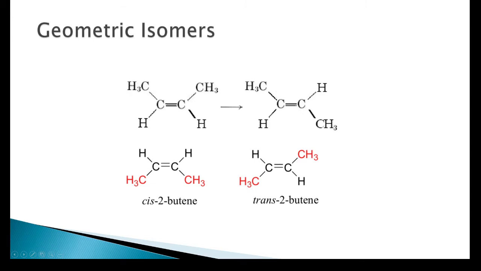Now, what I tell students all the time is this stuff out front is the cherry on the sundae. What I mean by that is the important part to start is, can you name this 2-butene? Do that first. Then worry about cis and trans after. Cis-2-butene, trans-2-butene. Worry about that afterwards.